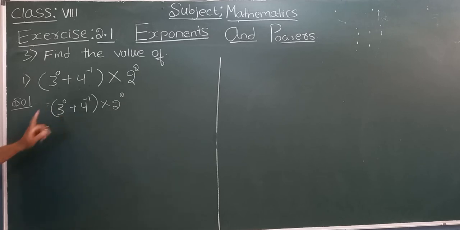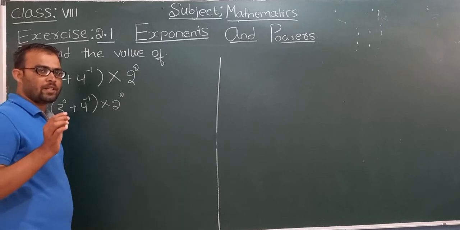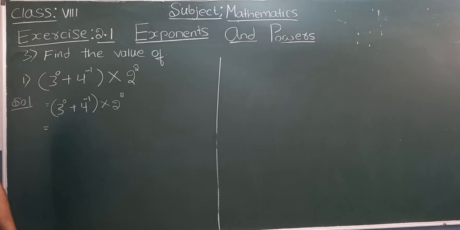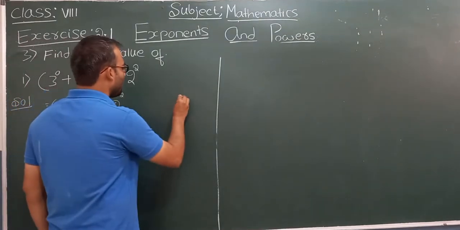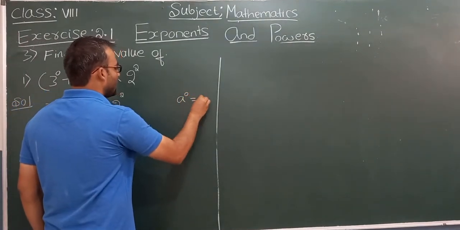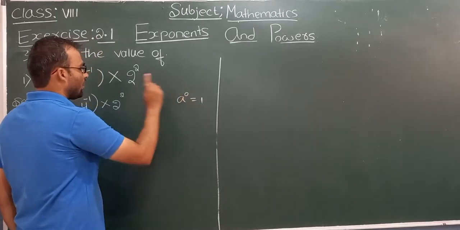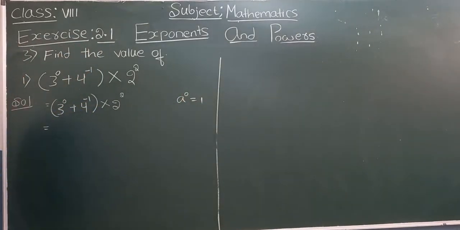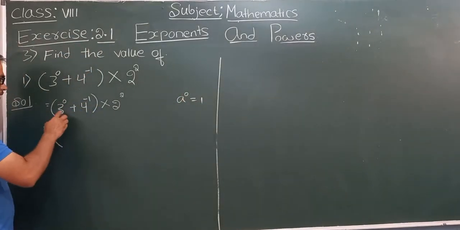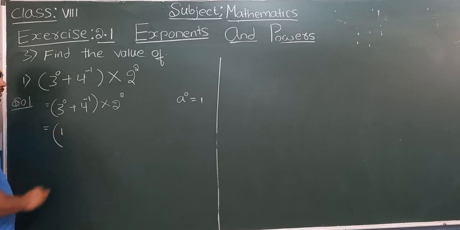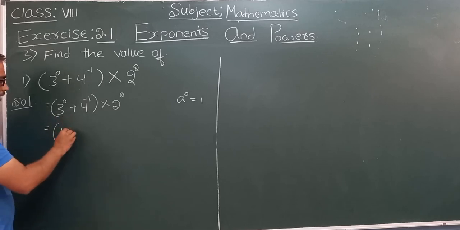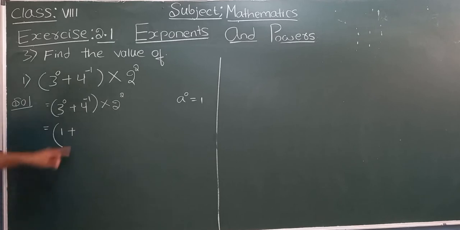As I told you, any number having the power 0, its value is always only 1. Any number to the power 0 is always 1. So we can write the value of this one as 1. Next, plus. Students, here 4 to the power minus 1 is there.